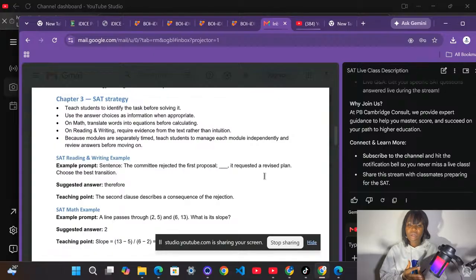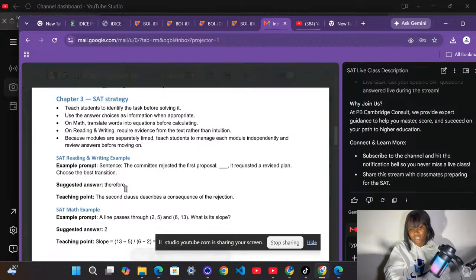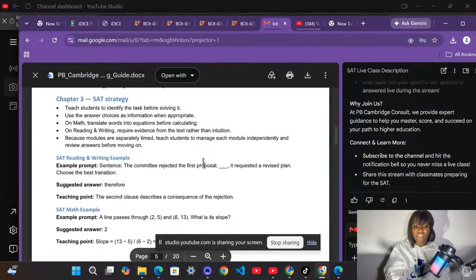They requested a revised plan probably because they are not comfortable with the proposal that was submitted. Therefore, they requested the revised plan. They want an updated plan of the proposal. So "therefore" is the correct transitioning word that we could use in this sentence.